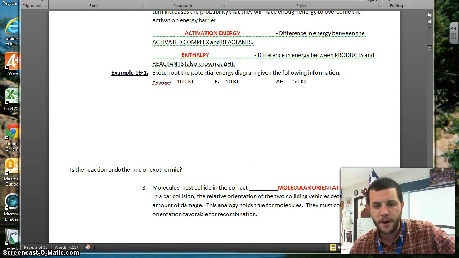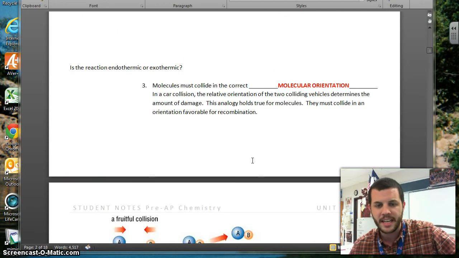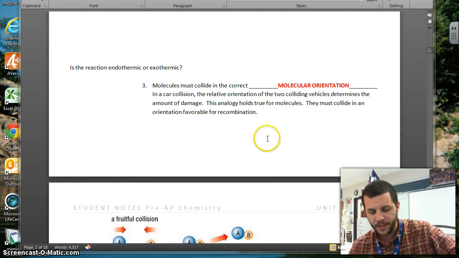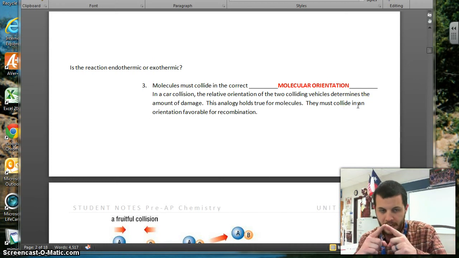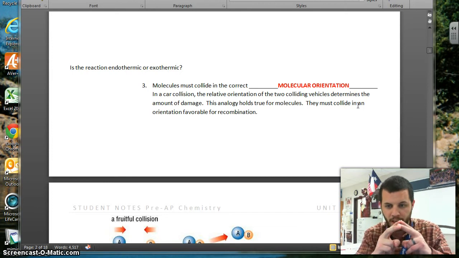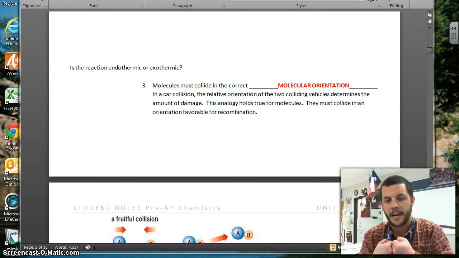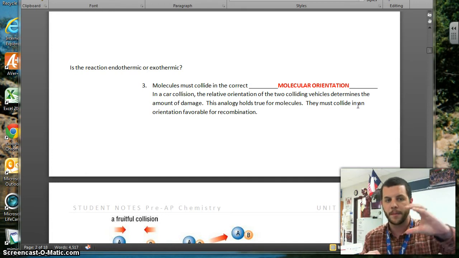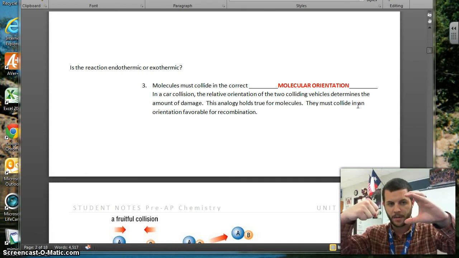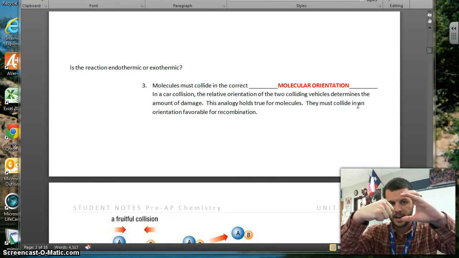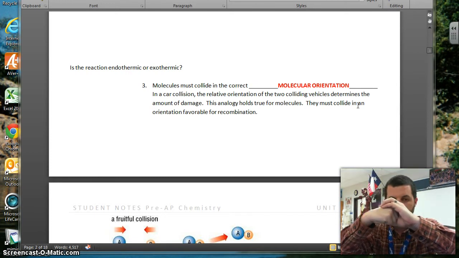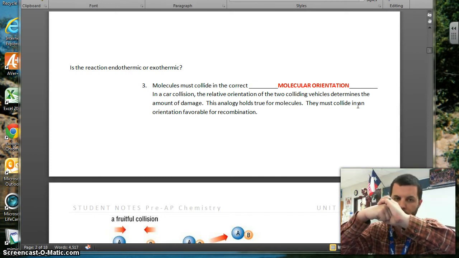The third part of collision theory says that it's not just that they have to collide, and it's not just that they have to collide with enough energy. They also have to be facing the right direction when they collide. If you got a molecule that looks like this and a molecule that looks like this, they have to collide appropriately in order to cause a reaction to occur.